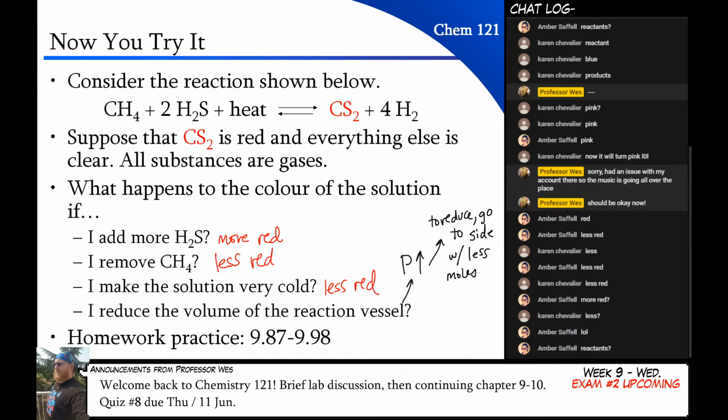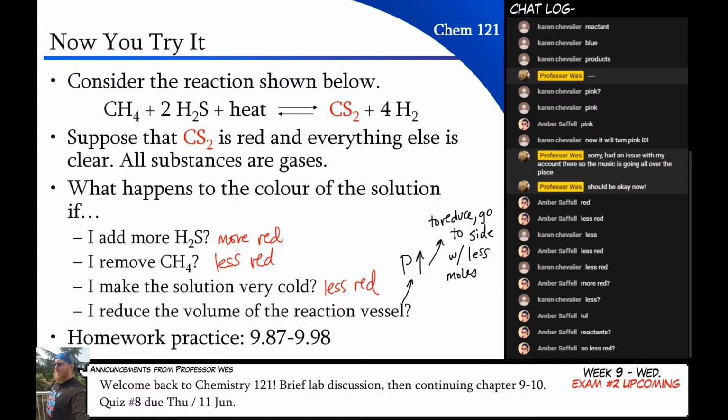We want to go to the side with fewer moles, which is the reactant. So what color will it turn? It will turn less red. Very good. We'll write that there. There you go.